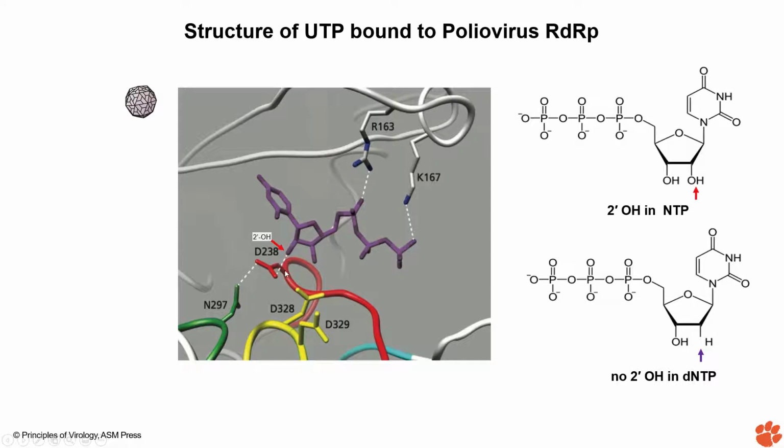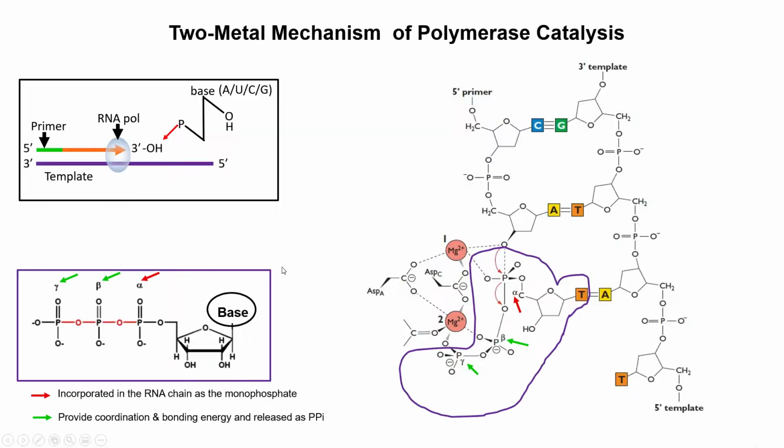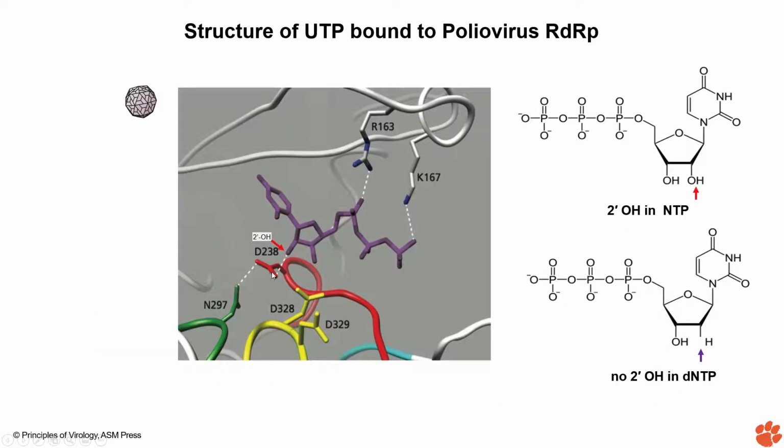See right here, this is the 2' hydroxyl. You have 1, this is 2, this hydroxyl. This hydroxyl is kept in place by the aspartic acid through this bonding. So you can easily see that. So this is the NTP.